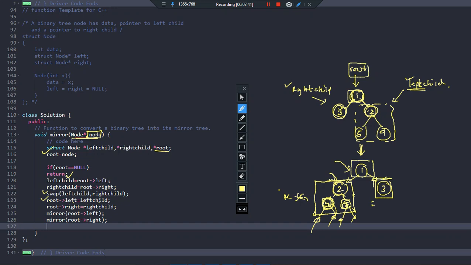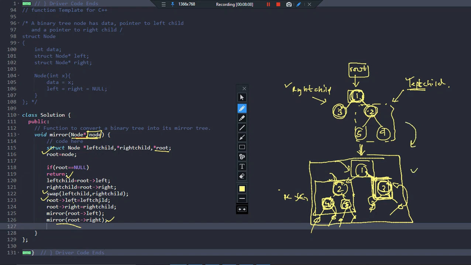Considering again this one, the call of root right on this, so it is trying to find its mirror image. Left, that node is nothing but null, returns. Mirror root right is nothing but again null, so returns. So this also has completed its mirror operation. So finally we have completed our entire operation, and we have the mirror image of this tree, right?